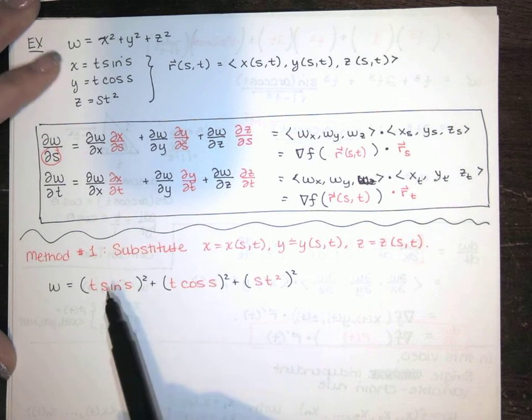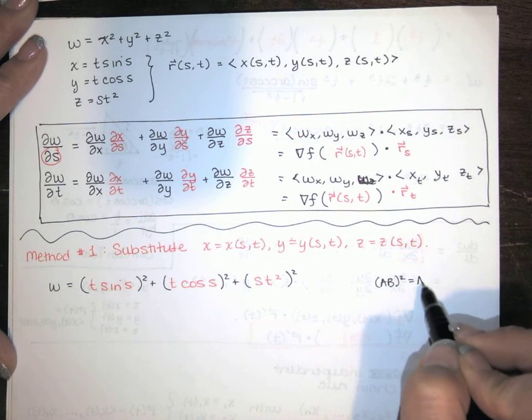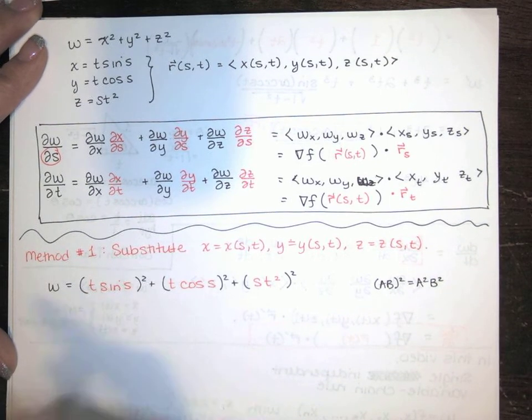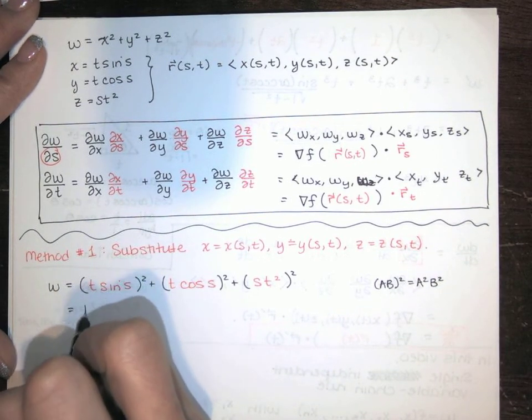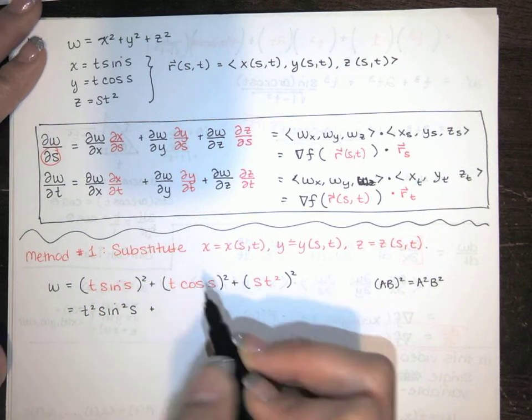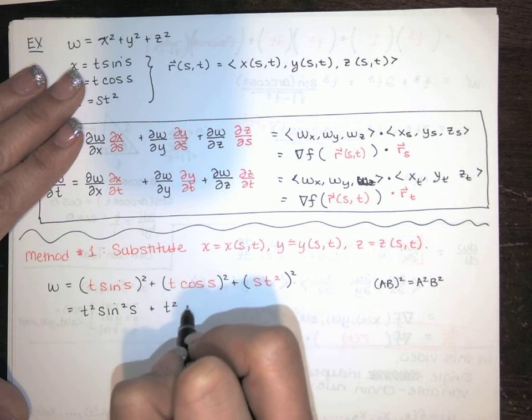Now this is a product. If you have a times b and you're squaring it, you square each factor separately when you're simplifying. So I'll square the t and I'll square the sine of s. So this is t squared sine squared s. And here I'll square the t and the cosine. So I have t squared cosine squared s.